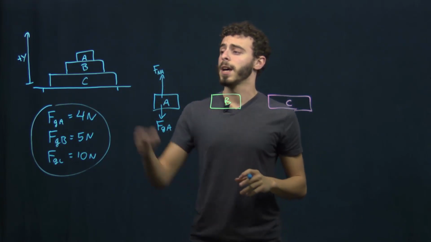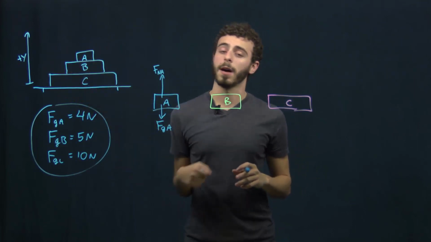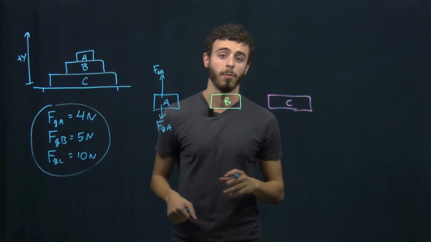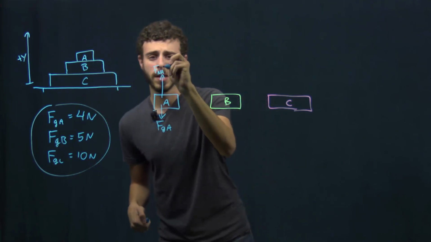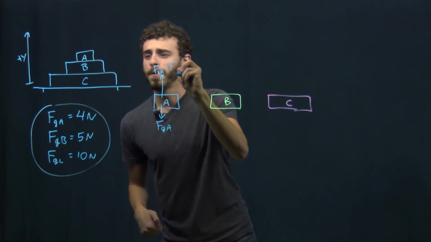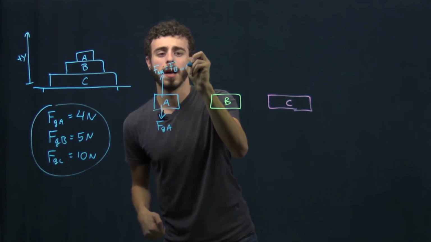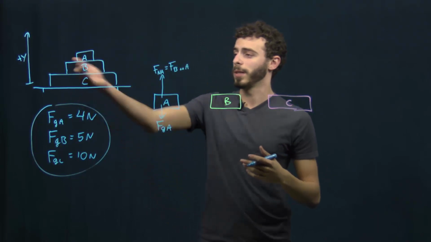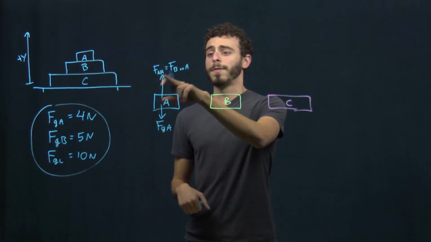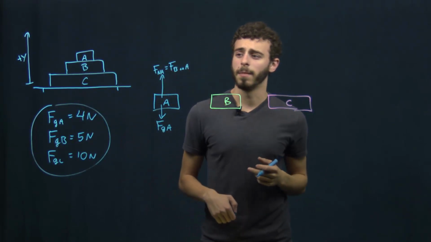I'm going to rewrite this as the force of block B on block A, because that's really what's giving us a normal force. It's the fact that book B does not want book A to go through it, so we have this as force of B on A. I'm going to use the words block and book interchangeably. They're really the same thing here. So the normal force is actually the force of book B on book A.